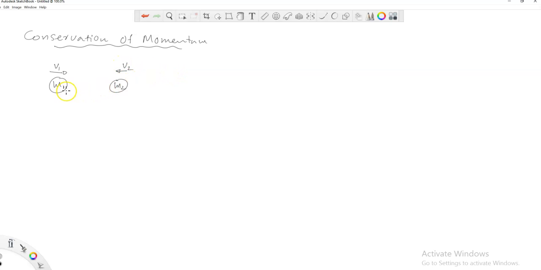They're getting closer and closer and they collide. Here's the collision. Let's say these are two gas molecules, M1 and M2, colliding with each other, coming in with V1 and V2. And after the collision, let's assume that they're going to bounce back.